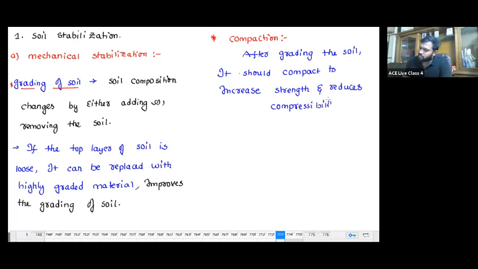Okay. So what are the various types of compaction we are going to do? In the case of compaction, again, there is shallow compaction and there is deep compaction.